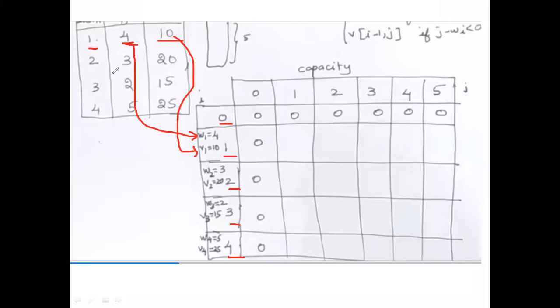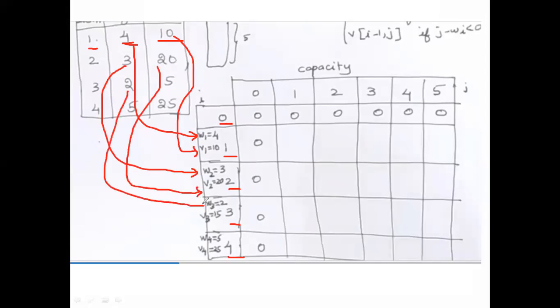The second item has weight 3 and value V2 equals 20. Next, V3 equals 15. For the fourth item, the weight is 2 and V4 equals 25. Note this down.